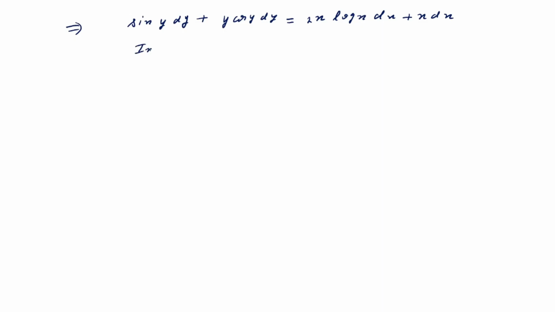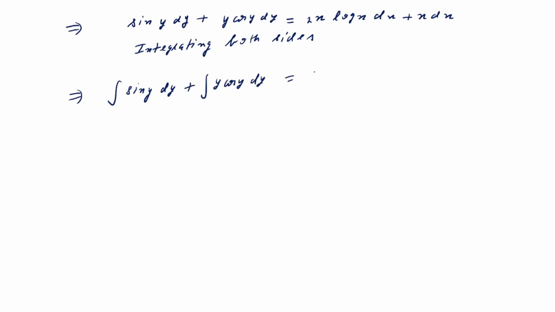Integrating both sides, what you will get: this implies integration of sine y dy plus integration of y cos y dy equals integration of 2x log x dx plus integration of x dx plus constant c.